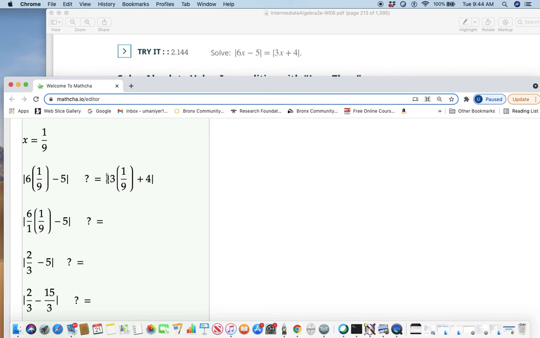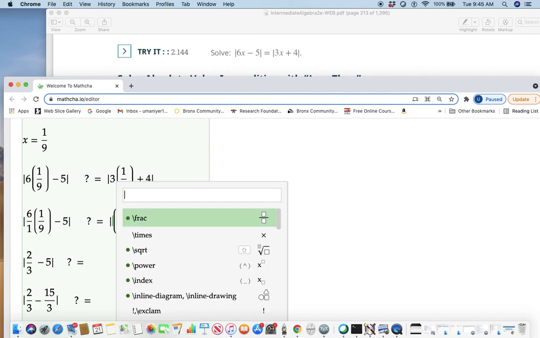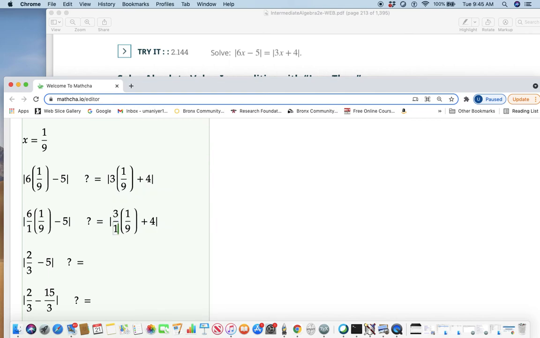Here, you're multiplying by 3 first. 3 is nothing but fraction 3 over 1. When you multiply this, 3 times 1 is 3, 1 times 9 is 9, so that's the multiplication.